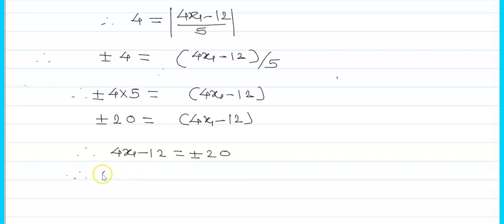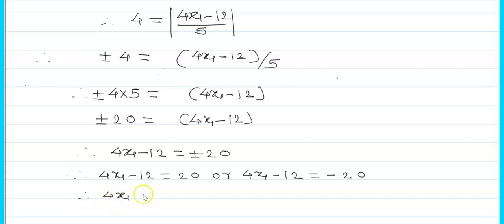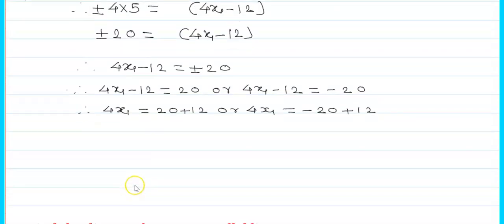Therefore, 4x1 minus 12 is equal to 20, or 4x1 minus 12 is equal to minus 20, and hence 4x1 is equal to 20 plus 12, or 4x1 is equal to minus 20 plus 12.